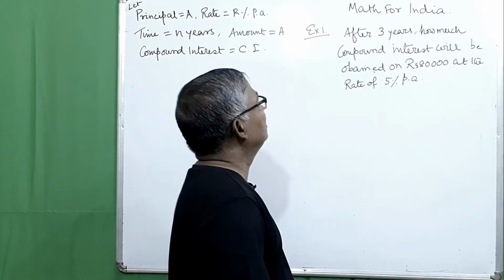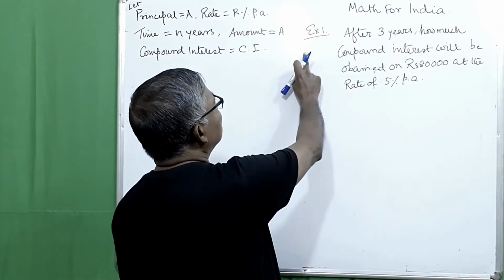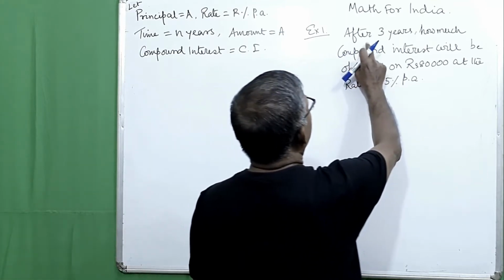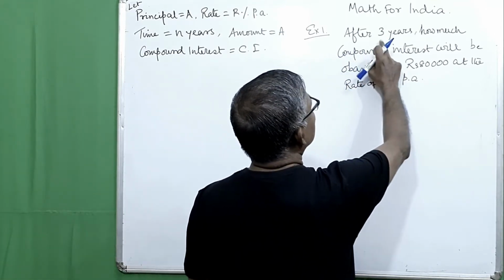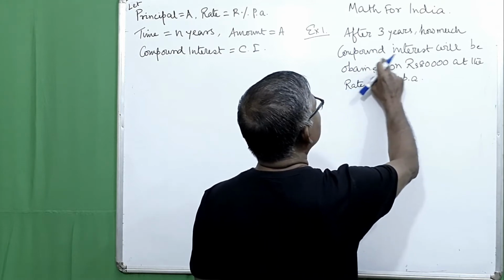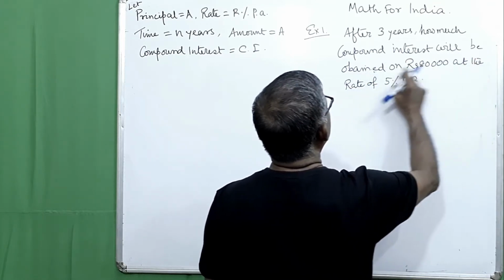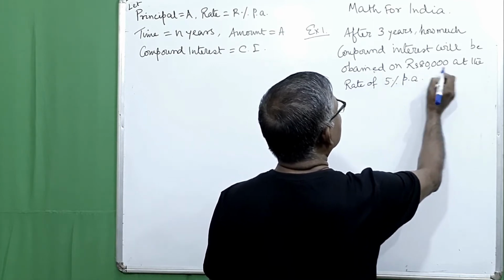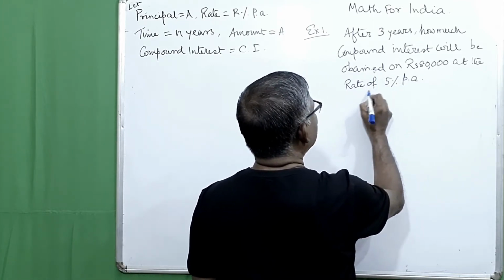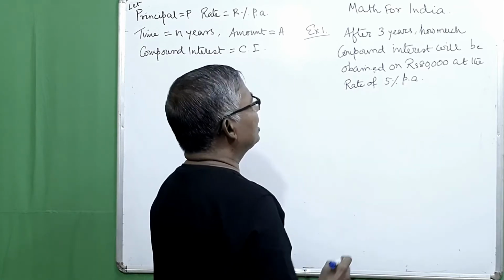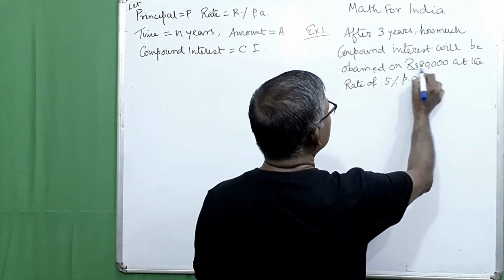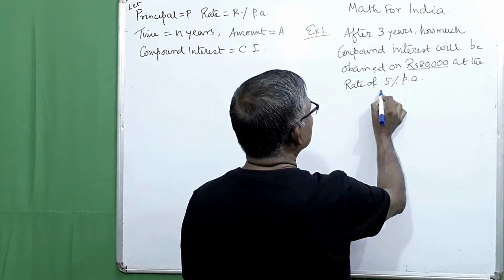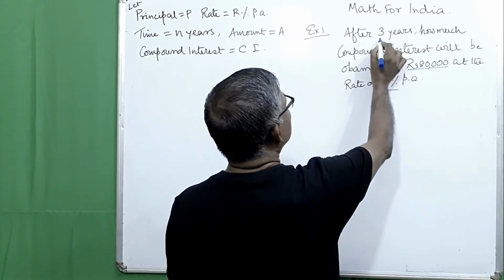Students, let us consider the mathematical problem. After 3 years, how much compound interest will be obtained on rupees 80,000 at the rate of 5% per annum? Here, principal is 80,000, rate of interest 5%, time is 3 years.